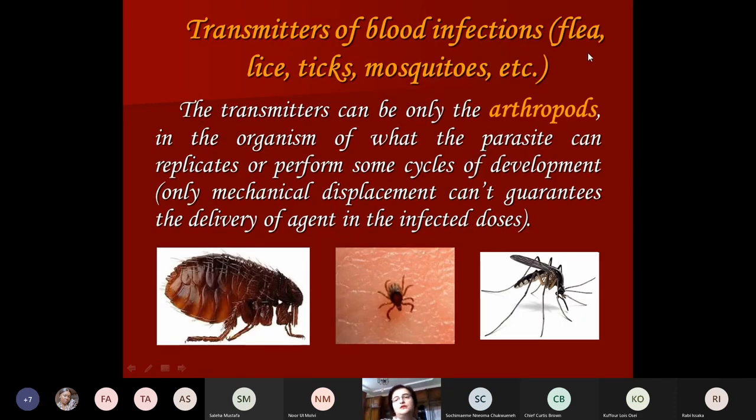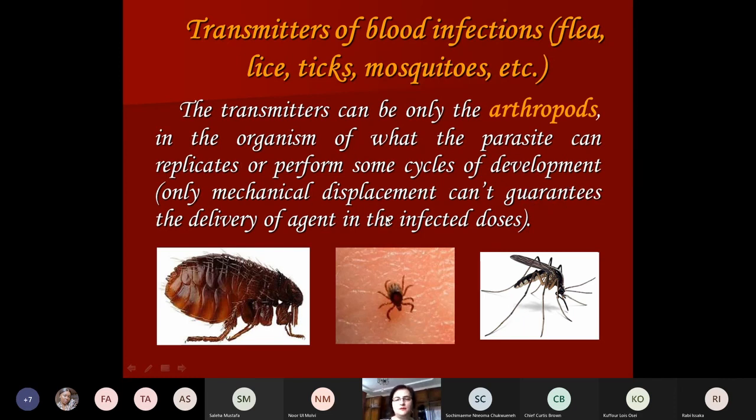Transmitters of blood infections, what can they be? As a rule, arthropods, you see: fleas, lice, ticks, mosquitoes, any. I hope you remember, yes, the tsetse fly, interesting name, sand flies, and so on. The transmitters can be only arthropods, in the organism of which the parasite can replicate or perform some cycles of development.